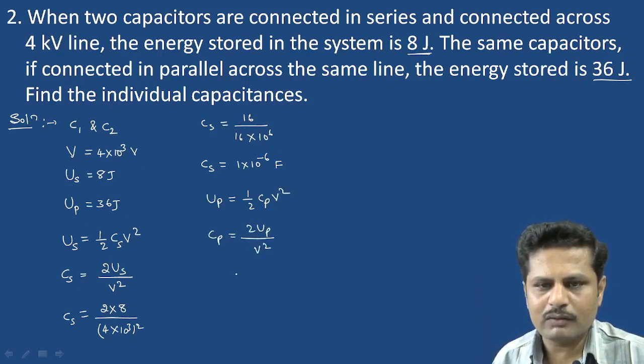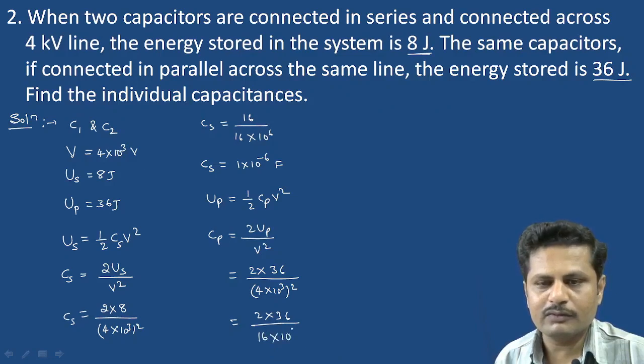Substituting the values, 2 times UP equals 36, and V square, we have seen, V is 4 into 10 raised to 3, whole square. This can be written as 2 into 36 divided by 16 into 10 to the power of 6.